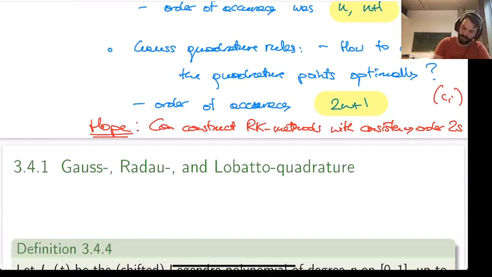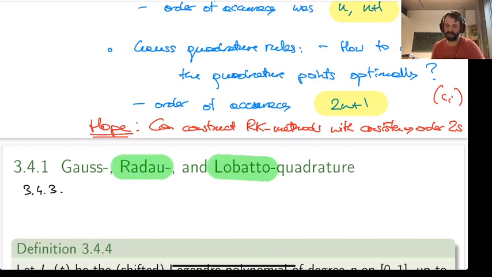So before we do that, in subsection 3.4.1, let's review some properties about Gauss quadrature that we have already done, and then I'm going to tell you about two new quadrature methods that you have probably not seen, or at least those who did my Numerik 0 have not seen, called Radau and Lobatto quadrature rules.